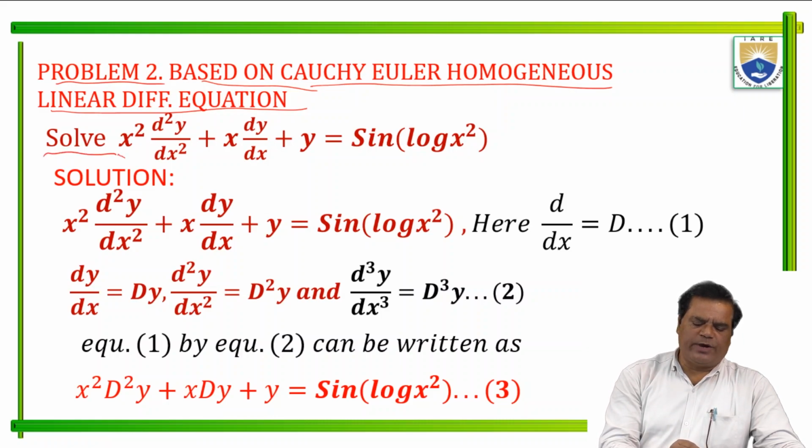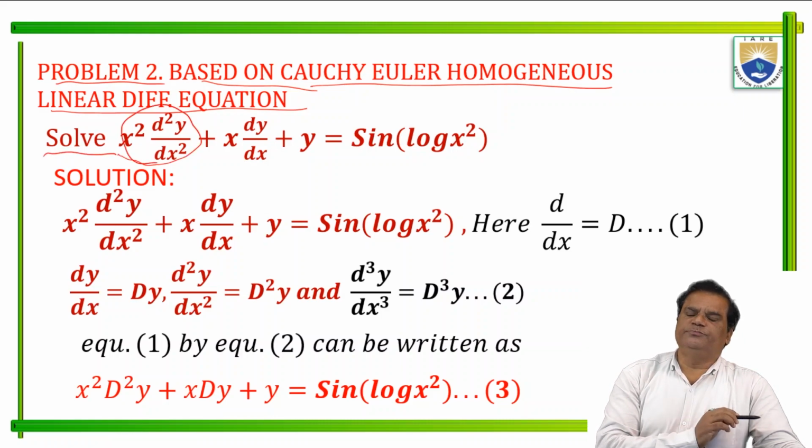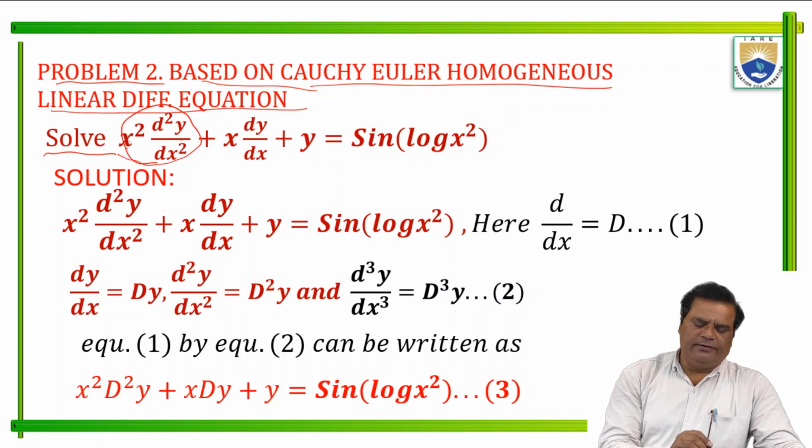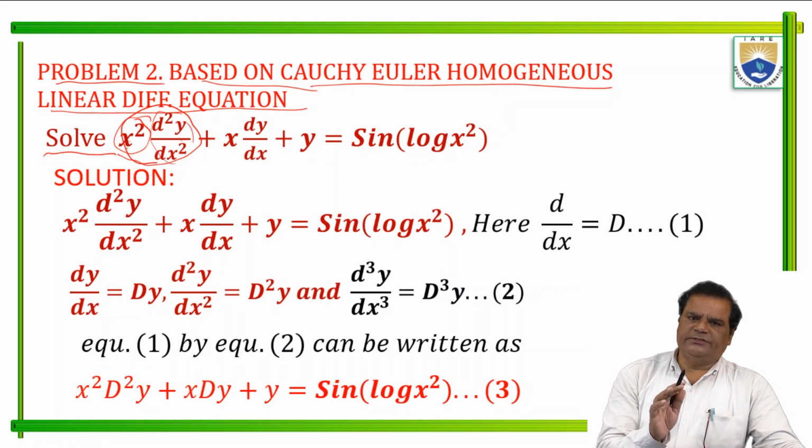Solve x square d2y over dx2. Here is x square and here is d2y dx2. The power of the independent variable is 2 and the order of the derivative is 2, and both are multiplied. We check that the power of the independent variable equals the order of the derivative, both are multiplied, and this property lies in each term.